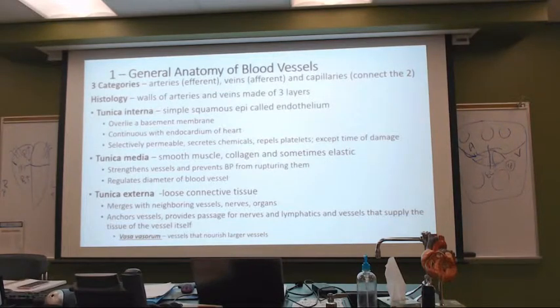They'll actually have vessels that come in and do a little twist and go back to feed the tissues of the vessels. I know, really cool, right? So, when we have that take place, it's going to be termed vasa vasorum. These are the vessels that are going to help nourish the larger vessels.